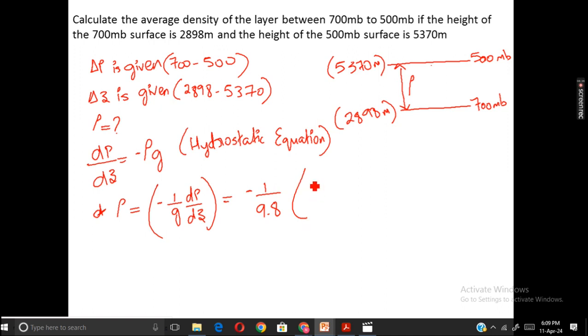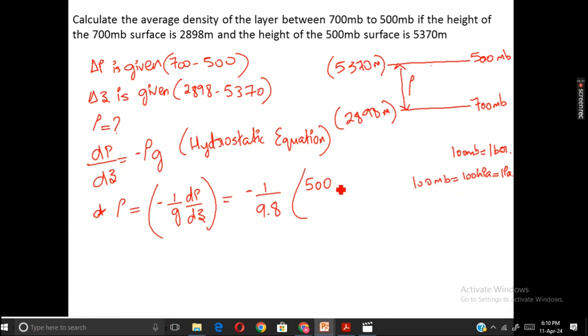The value of dp is 500 into 10 raised to 2. In the question, the unit of the pressure surface is MB or millibar, so we have to convert it into the SI unit, which is Pascal. 1 MB is equivalent to 1 hectopascal, and 1 hectopascal is equal to 100 Pascal.